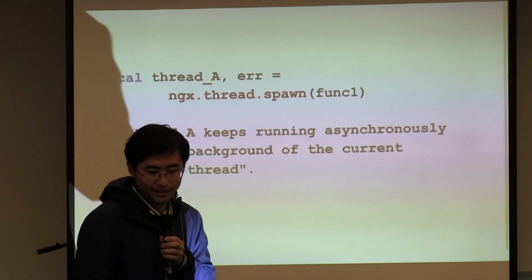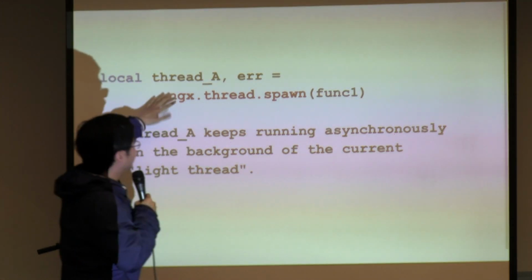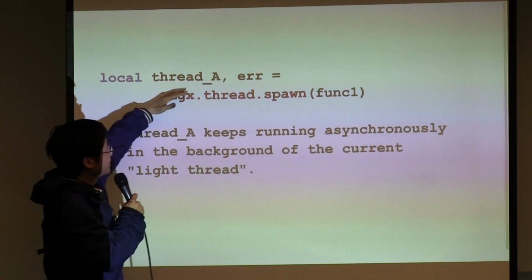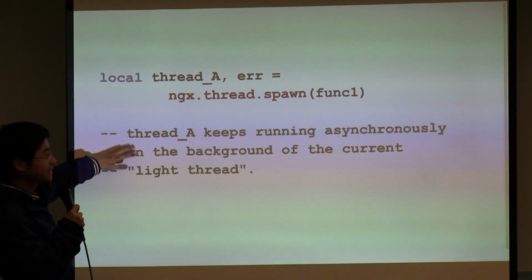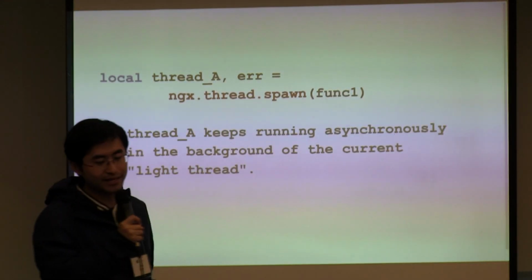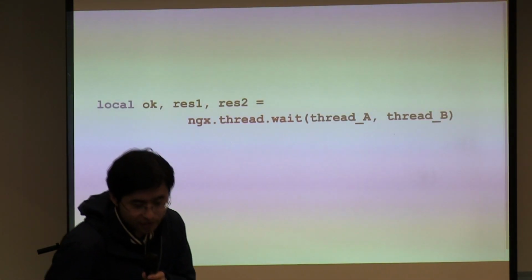Here's a quick example. We can spawn a new thread, and after this line, it returns immediately. So back to the parent thread, right? And the child thread just created keeps running asynchronously in the background, scheduled by the OpenResty thread scheduler. Very efficient. And also we can wait.